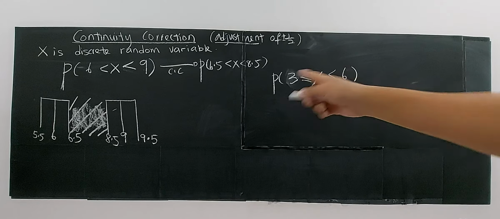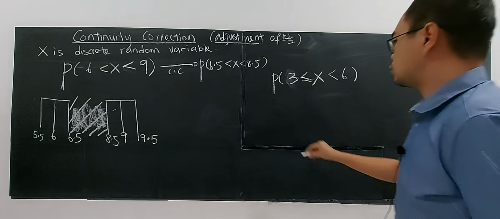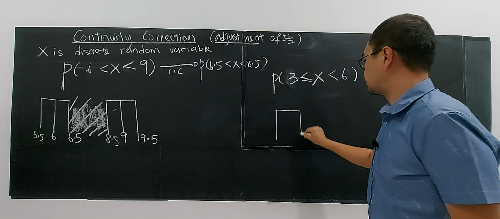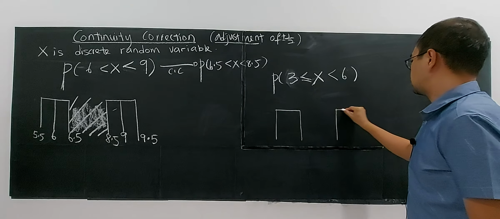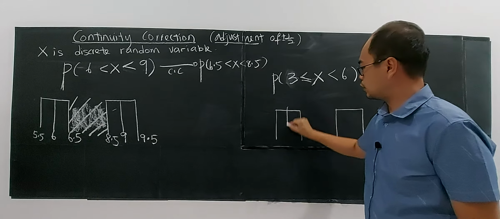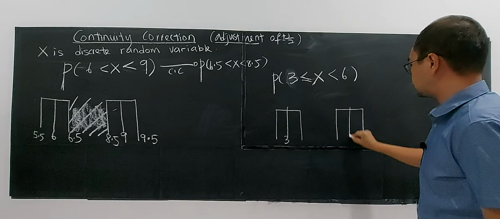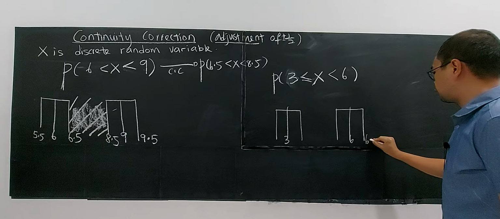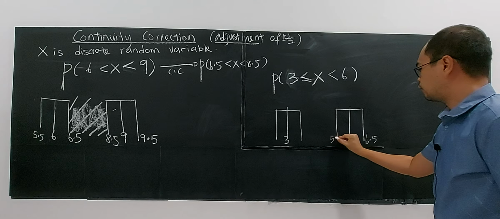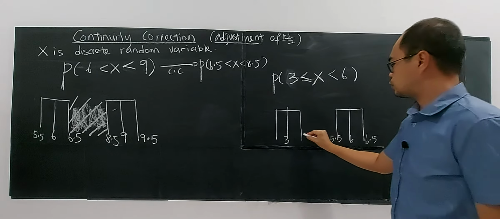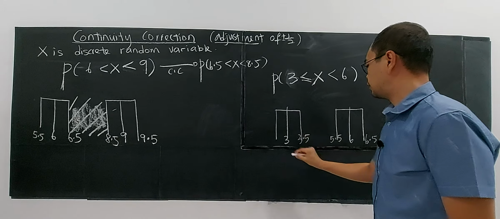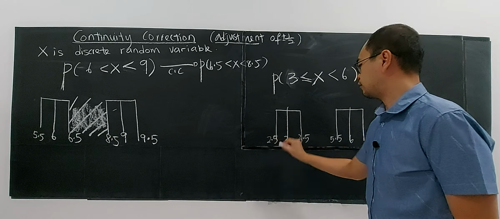Same thing also, two numbers in between. So you do the box, one more box. Take your time, enjoy it. Okay, 3. This will be 6. So this will be 6.5. This will be 5.5. This one is 3.5. This is 2.5.